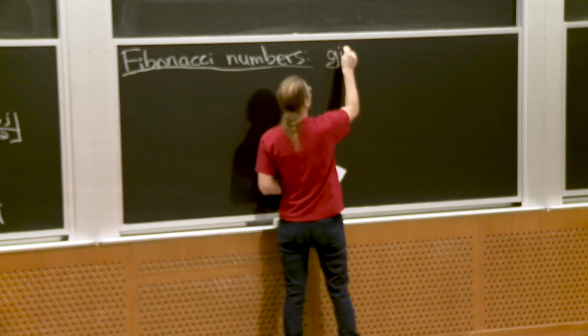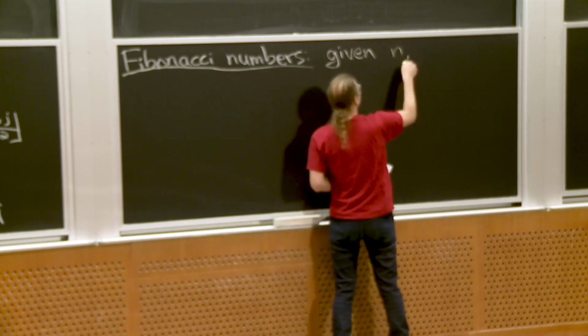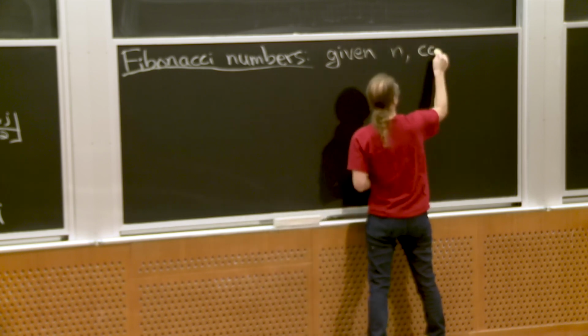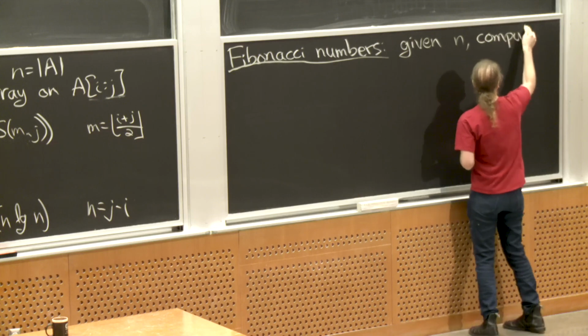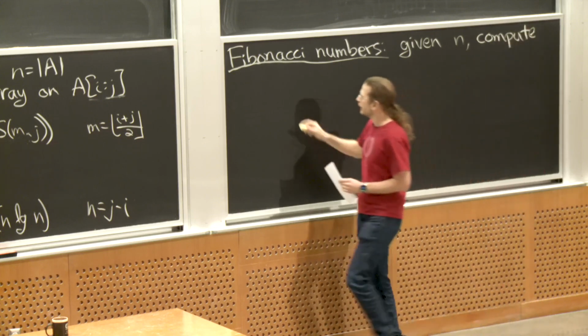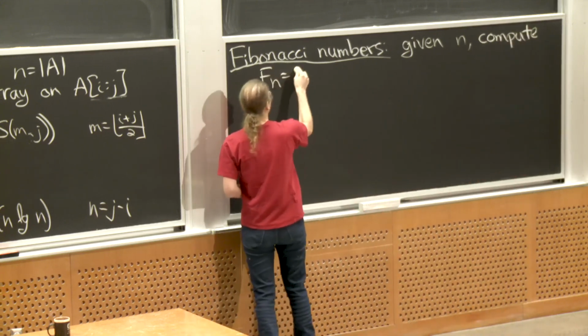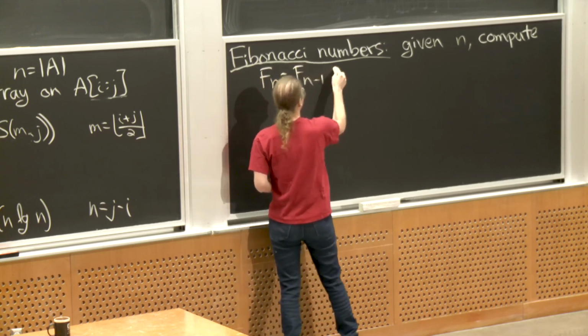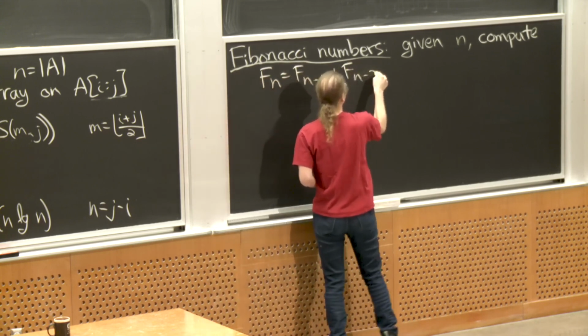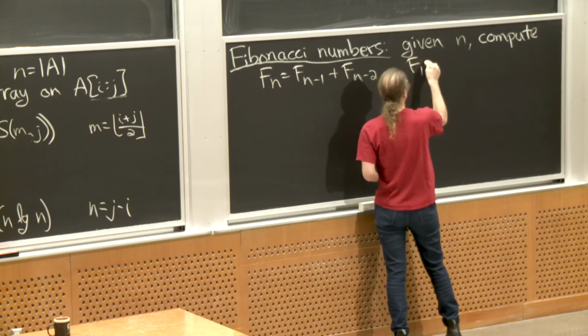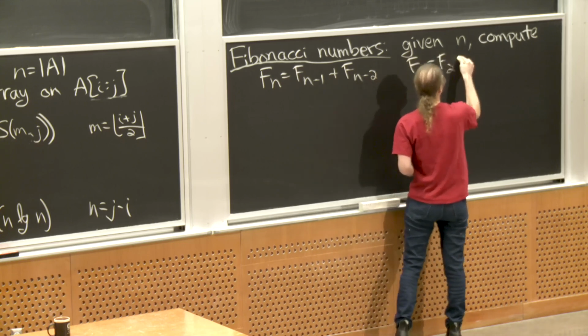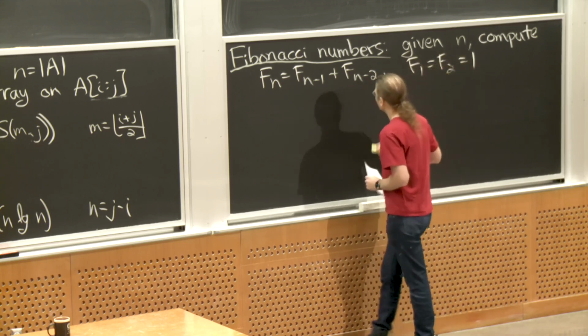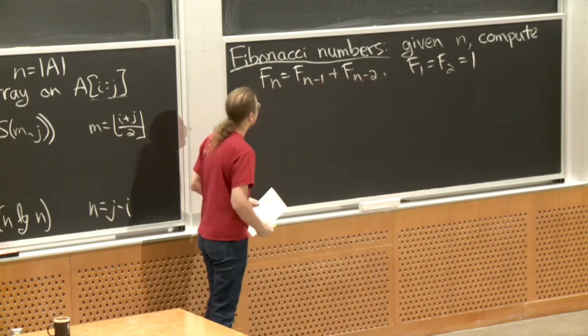So the problem I'm interested in is I'm given a particular number n, and I want to compute the nth Fibonacci number. And in case you forgot, the nth Fibonacci number is given by this recurrence. F n is f n minus 1 plus f n minus 2, with base case, let's say f1 equals f2 equals 1. And so we'd like to compute this.